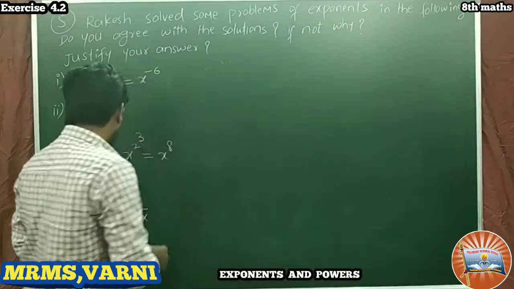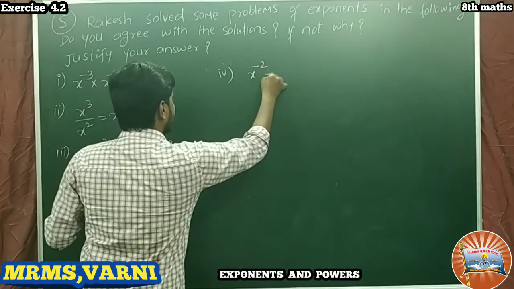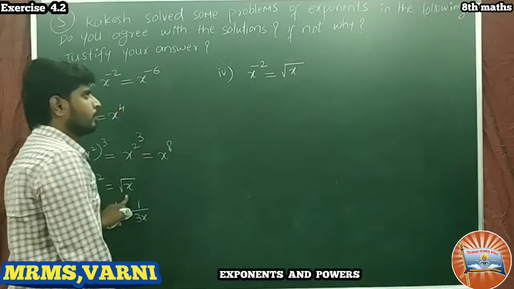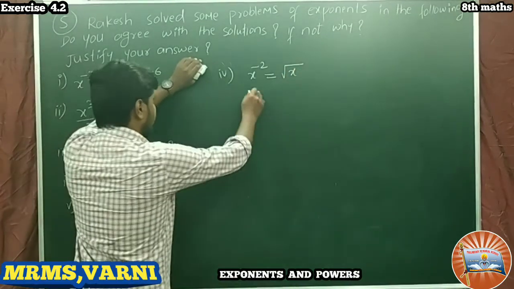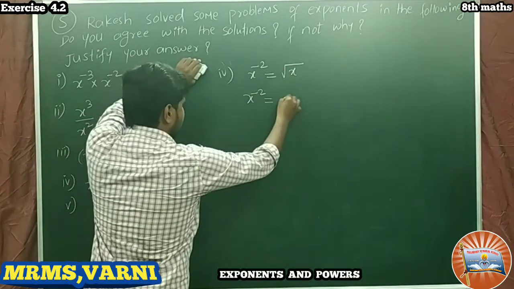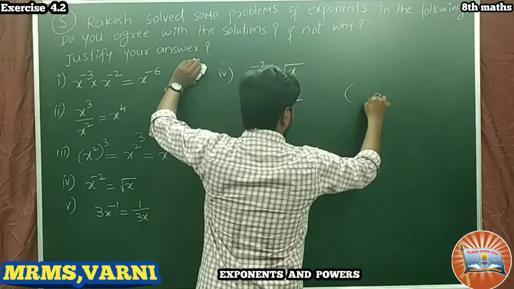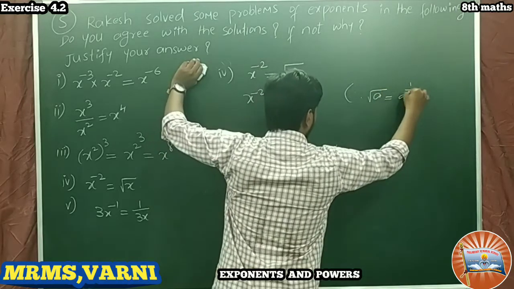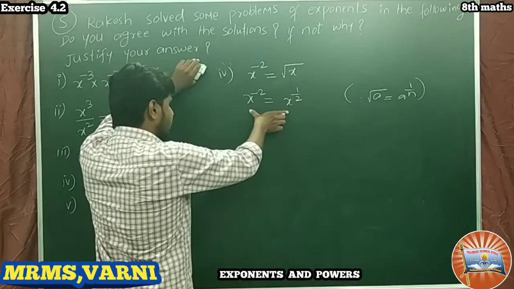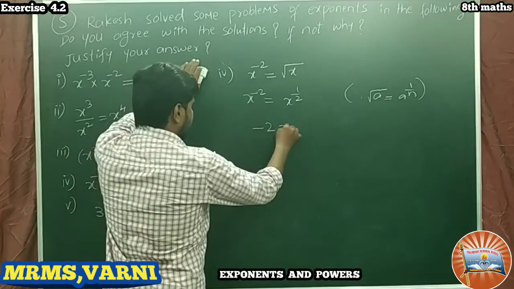Right. So write the fourth question here: x power minus 2 is equal to root x. So the LHS part as it is, x power minus 2 is equal to, this root x we can write as x power 1 by 2. Which formula? Root a we can write as a power 1 by n. By that formula I have written here. So both sides the bases are equal, we can equate the powers.